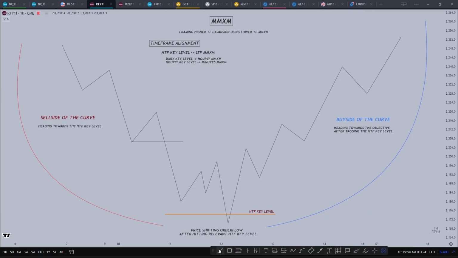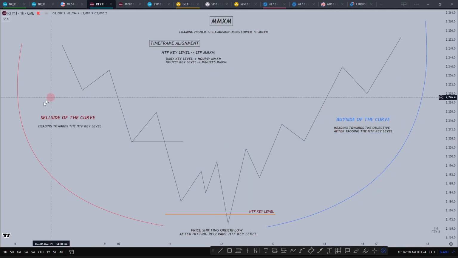Price rejected a low for the first time here. It could mark the change in order flow. Did it break through a high? Yes, not able to properly reject a high. Nice. That's how you tell yourself if price is in the sell side of the curve or the buy side of the curve.